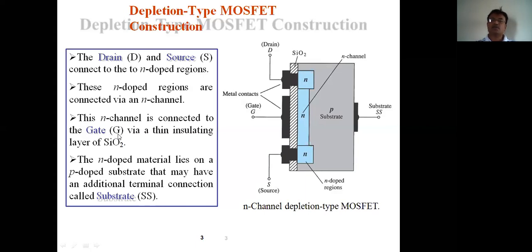So the gate is used to control the inflow and outflow to your house. This is just similar to the gate. Gate is always used to control the drain current, the output current. Is it okay? Three terminals: drain, source, gate. Unless otherwise specified, always we will have N channel depletion type MOSFET.